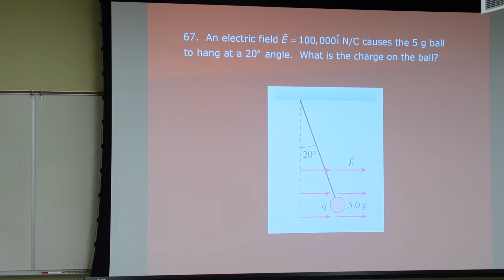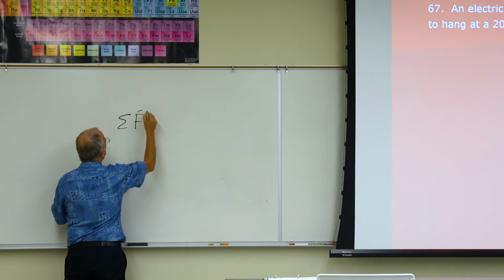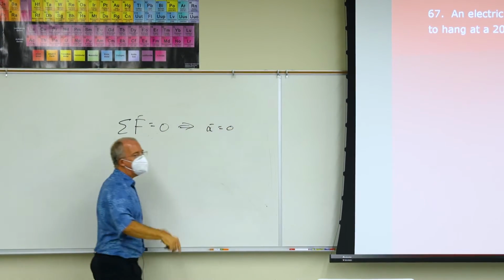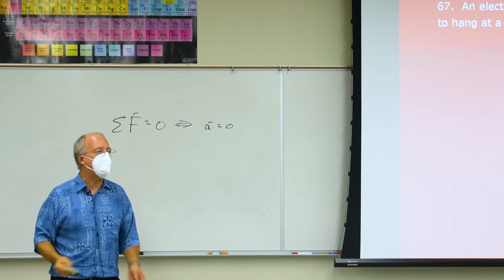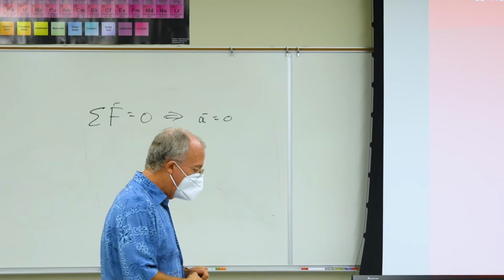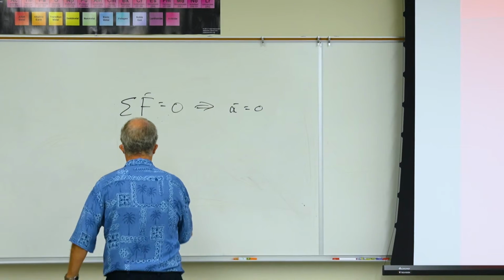What does equilibrium mean? It's not accelerating. Right? Because the sum of the forces equals 0. So that means that a equals 0. So I mean, what you said, Seth, was fine, but you really want to say it's not accelerating, okay? Okay, so this is the equilibrium problem, which we've done so many of these things.